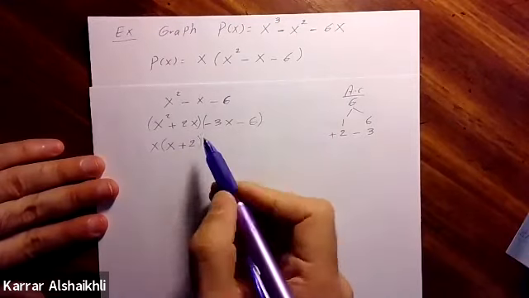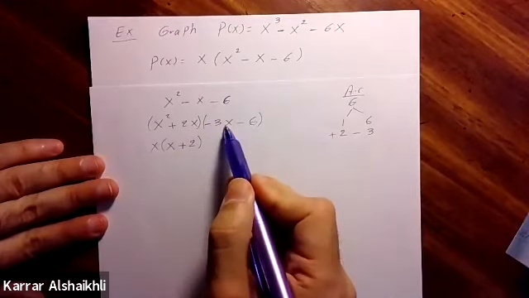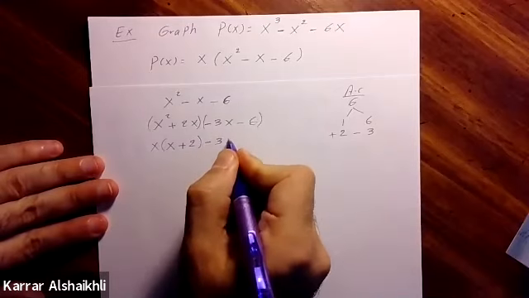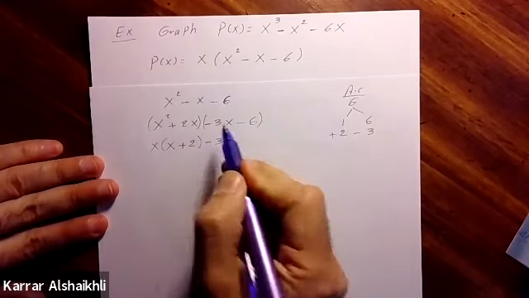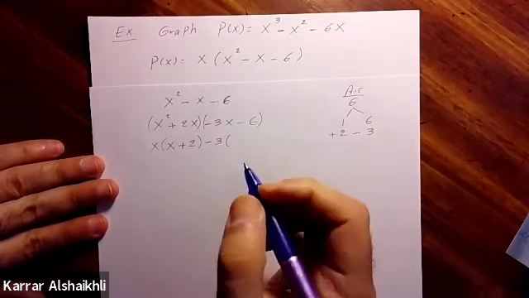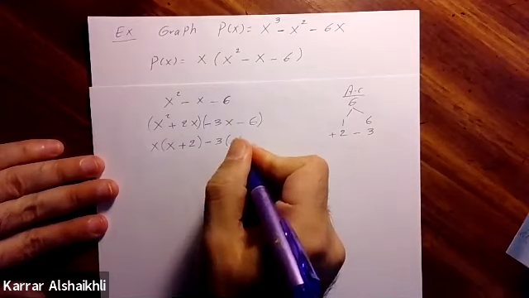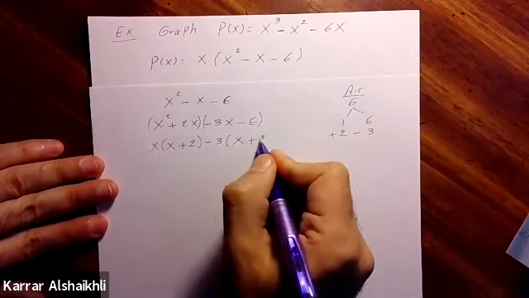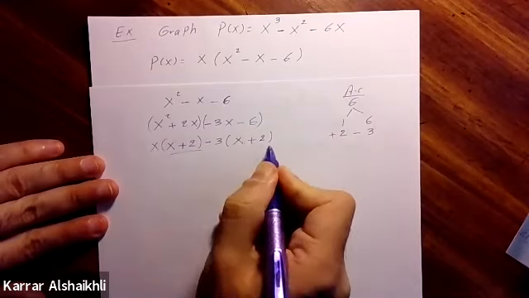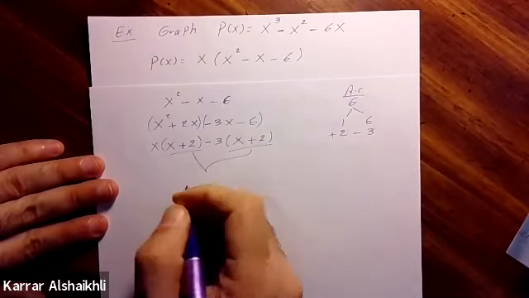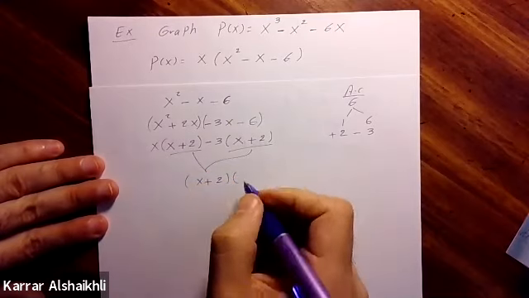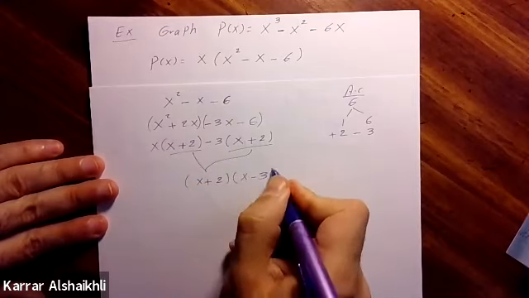What's the common between these two terms? The last two terms, negative 3x and negative 6. So we're going minus 3, because negative sign is also common. Negative 3x divided by negative 3 is going to be x, so the leftover is just the x. Negative 6 divided by negative 3 is going to be positive 2. We got exactly the same two parentheses. So x plus 2, and the leftover is x minus 3.